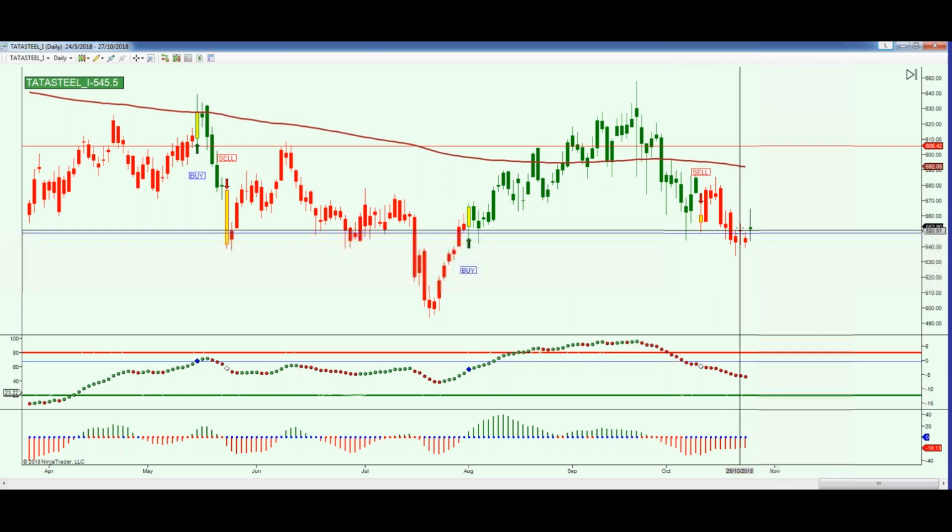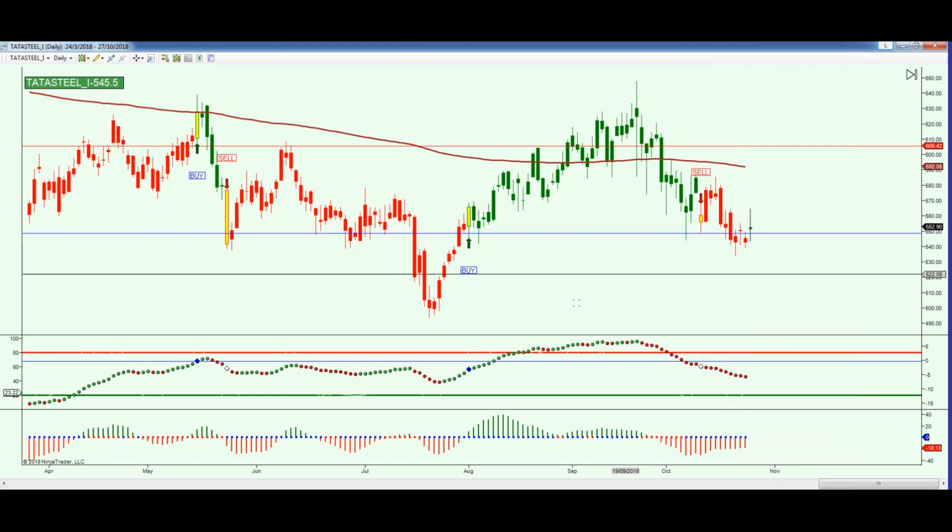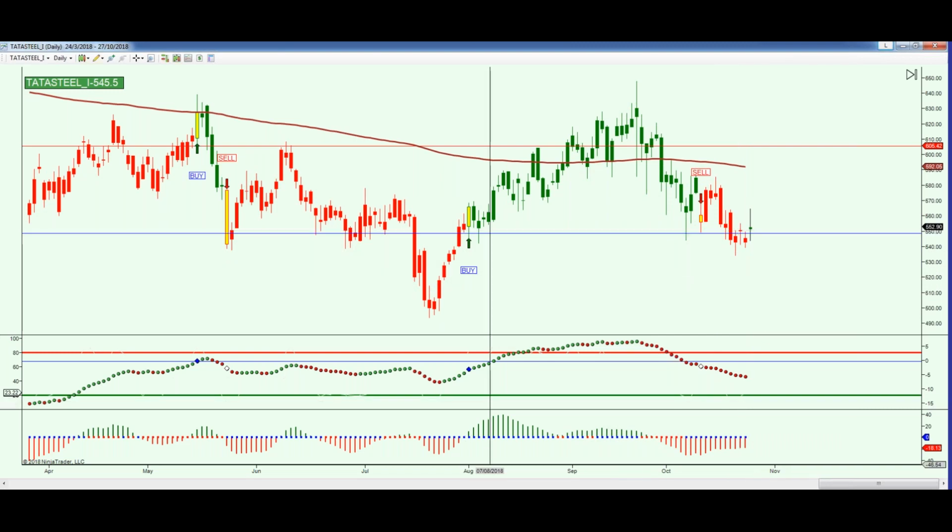You should consider even the other calls also. As a metal pack, you have seen that Vedanta is in red. Vedanta has already given you a sell call. Tata Steel has given you a sell call. JSW has a sell call. I will give you the other non-Nifty scripts also. We have a sell call in JSW Steel.